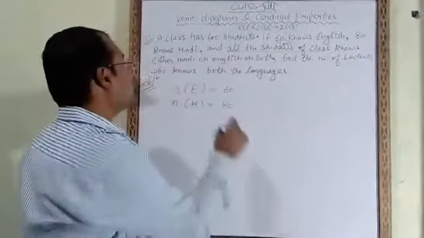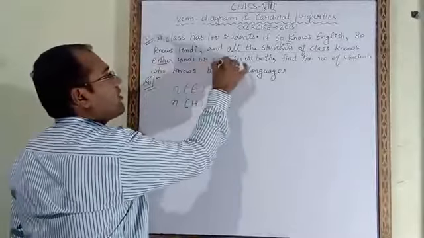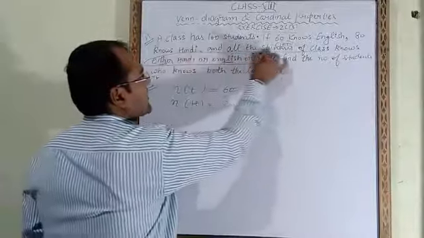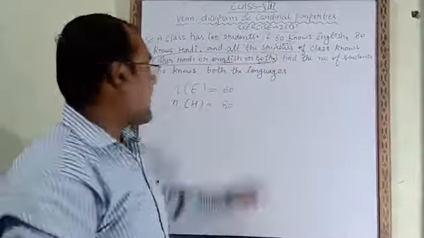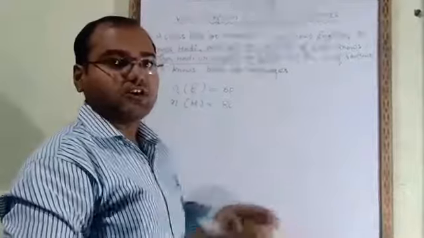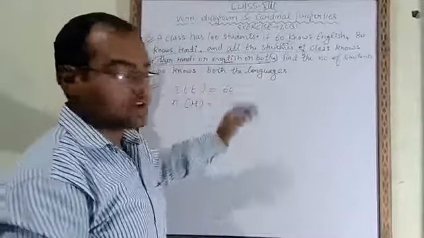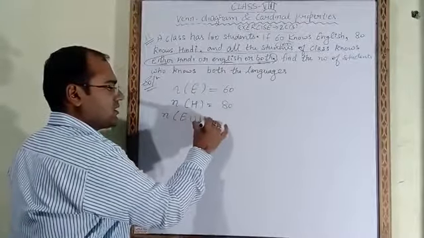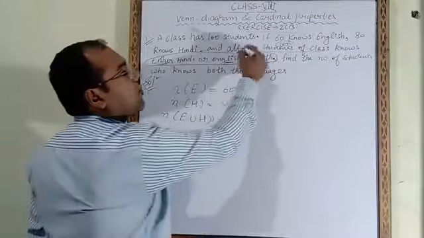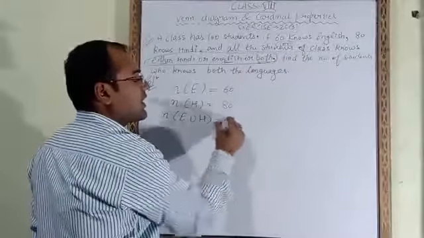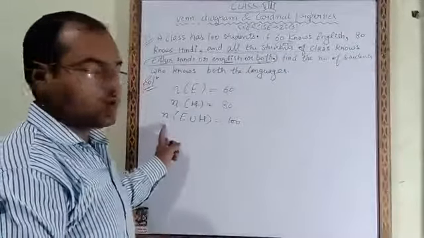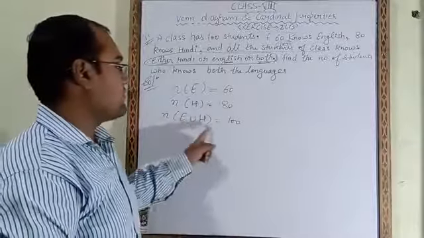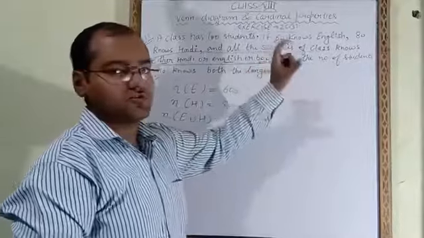When you see terms like either this or both, you have to take it as a union. Either this or both means union. So we will write n(English union Hindi), which is all the students, 100, because he said all the students know.